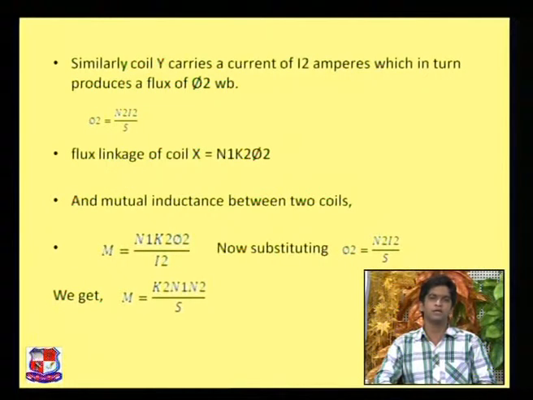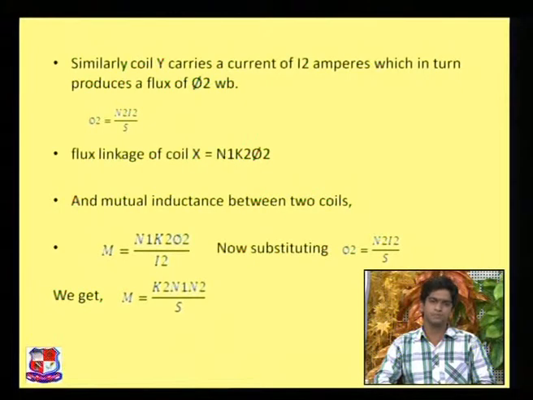Now similarly, coil Y carries a current of I2 amperes. So the flux produced in coil Y will also link with coil X. So here we have phi 2 is equal to N2 I2 by S. So the mutual inductance between the two coils will be M is equal to N1 into K2 phi 2 by I2.